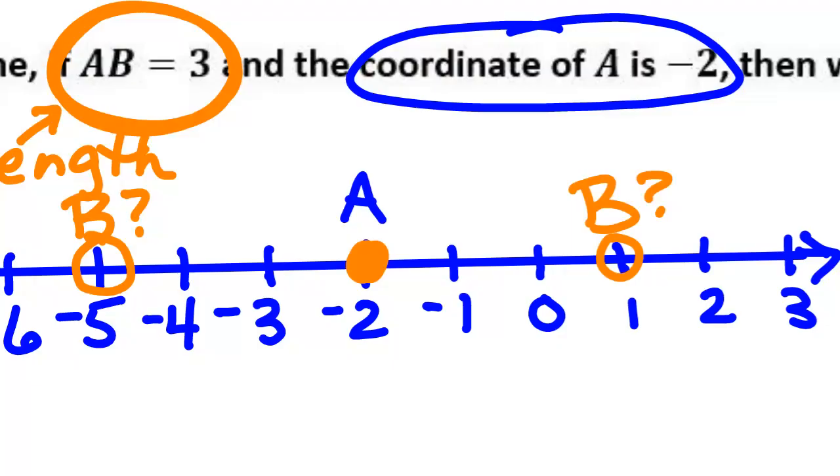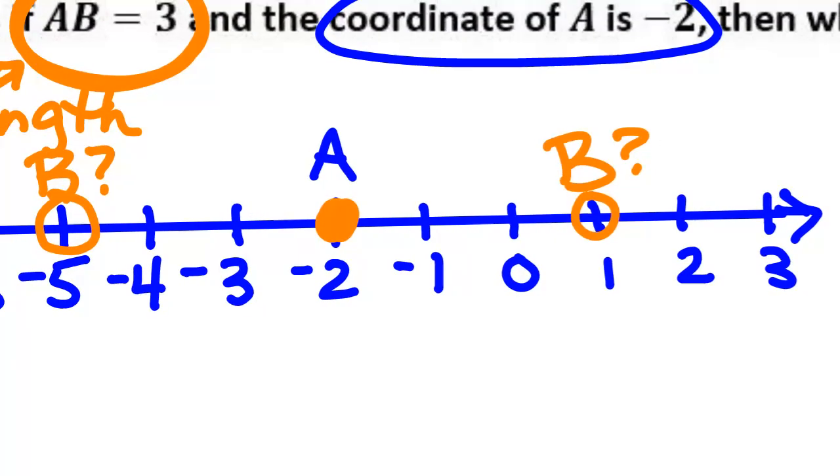We're going to need to find those midpoint coordinates. So what is a midpoint? The middle point, yes. What is half? What is the middle of 3? 1.5. So I can go 1 1/2 a hop to get to a possible midpoint.